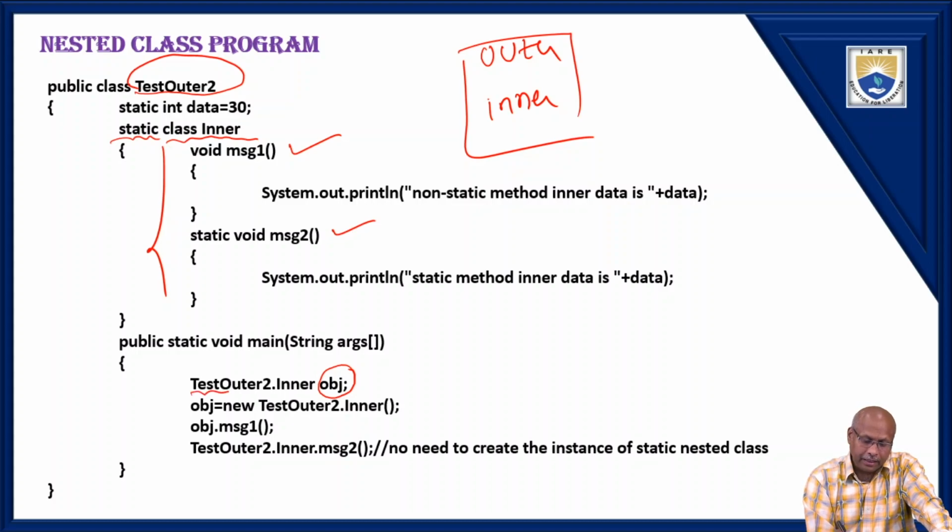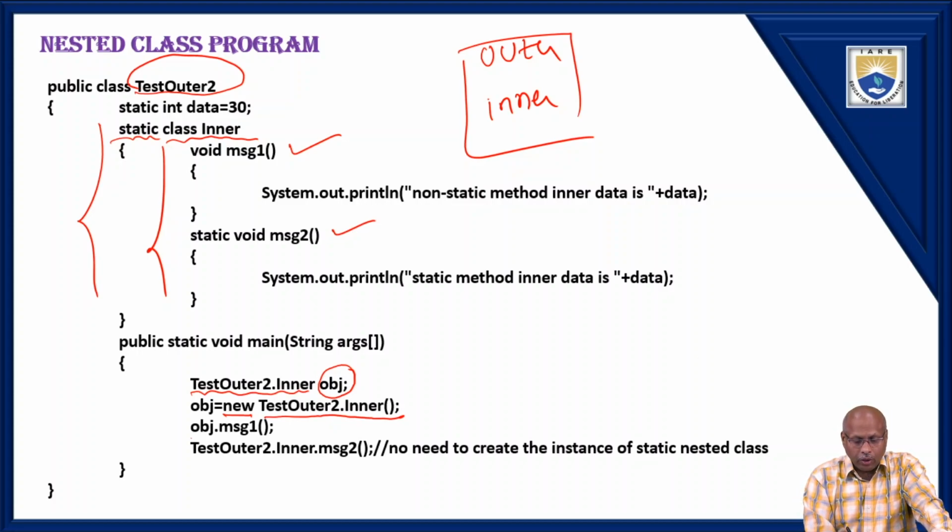Can I write like this? Yes, I can, because it is static. If it is non-static, you cannot call it this way; you have to create an instance first. So here obj is an object, and I initialize it with new TestOuter2.Inner. If you write this, the inner class object is created automatically.